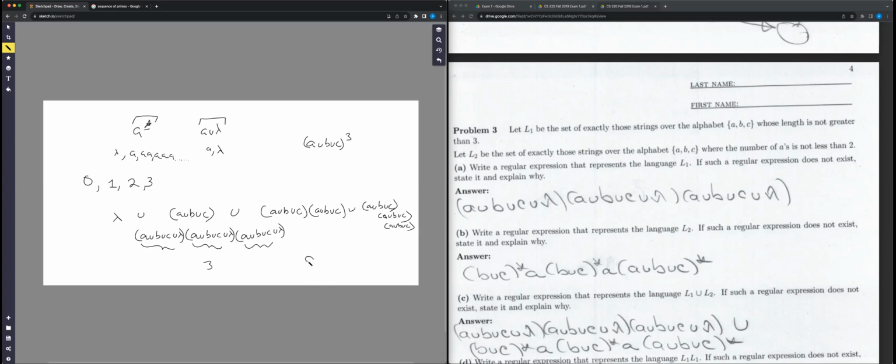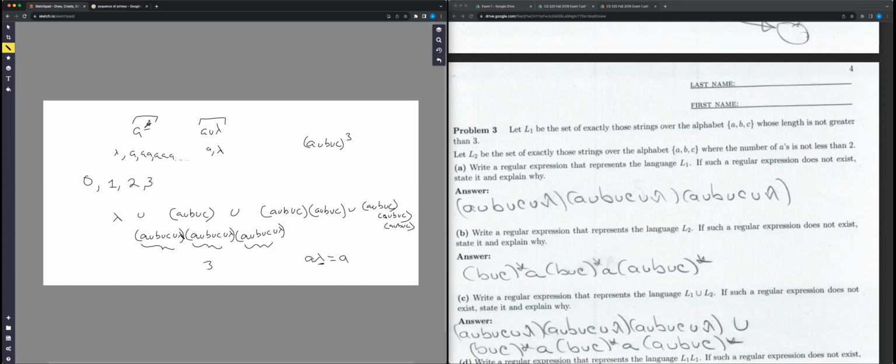Because if I say something like A lambda, this is equivalent to A. This lambda represents nothing. So when you concatenate lambda with anything, it's whatever that thing was that you concatenated it with. So A lambda is equal to lambda A, is equal to A, because the lambda is empty.